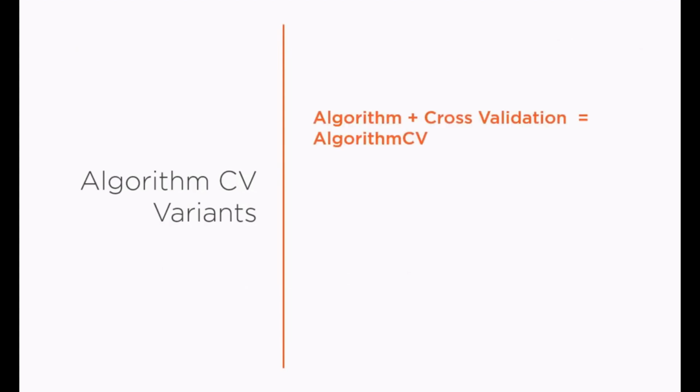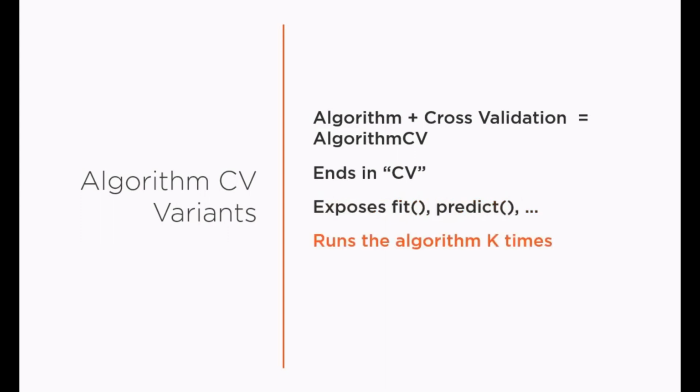Scikit-learn has a series of classes that implement variants of the algorithms with the use of cross-validation to determine hyperparameters built in. The naming convention for them is the base class name plus capital CV. Just like other predictor classes, they implement fit, predict, and other methods that you have seen before. You can use the parameters in the constructor to specify things such as the number of folds, and then when you run fit, k-fold validation is run with the specified number of folds on the training data.